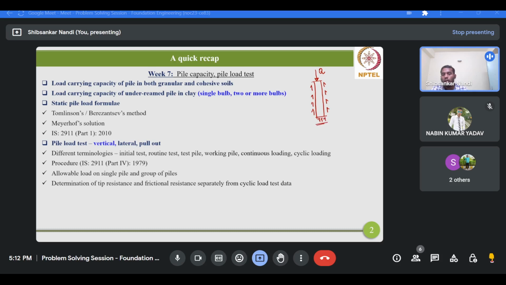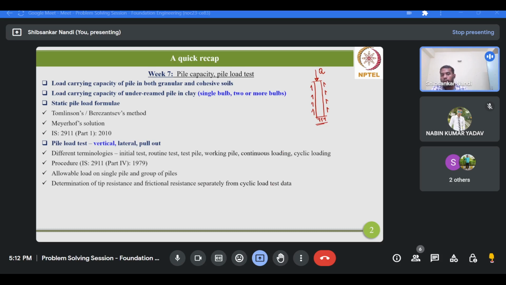From the continuous loading or quick pile load test, you cannot get the tip resistance and the frictional resistance separately.